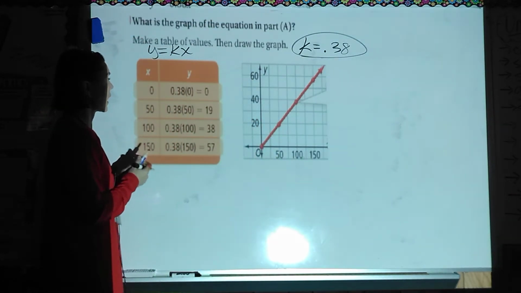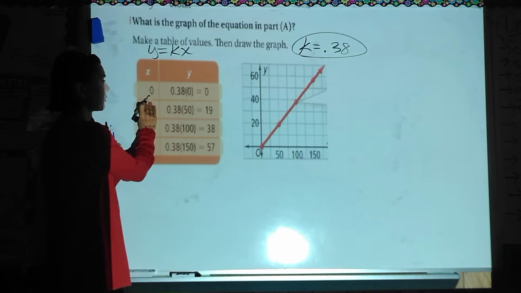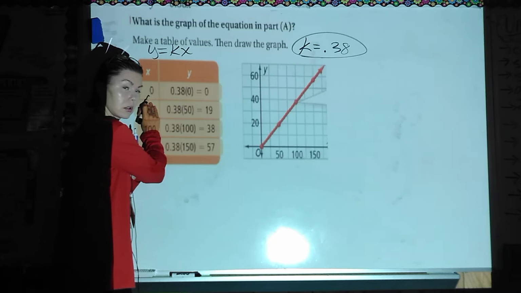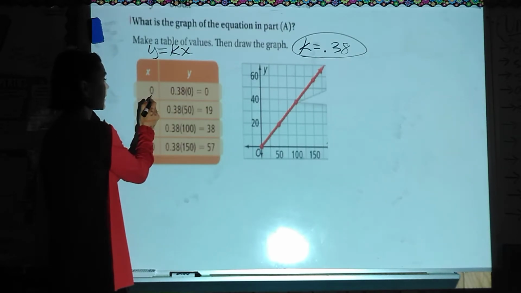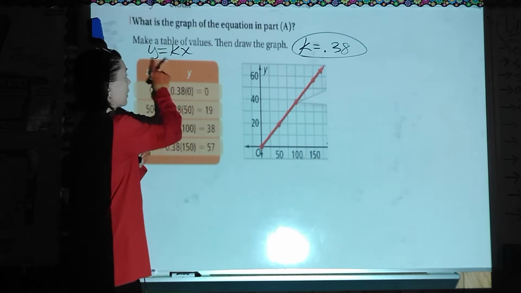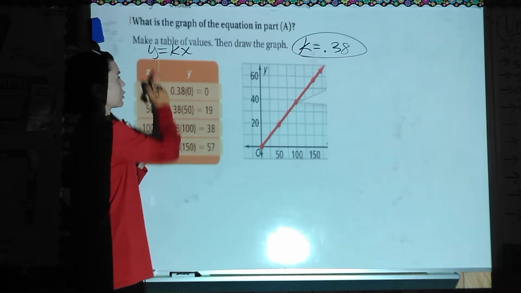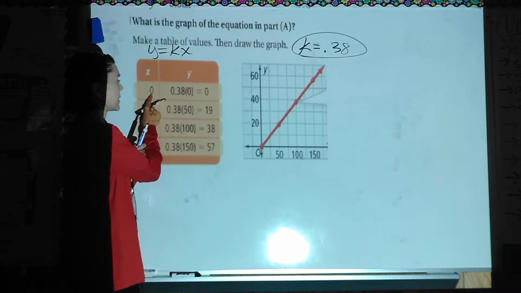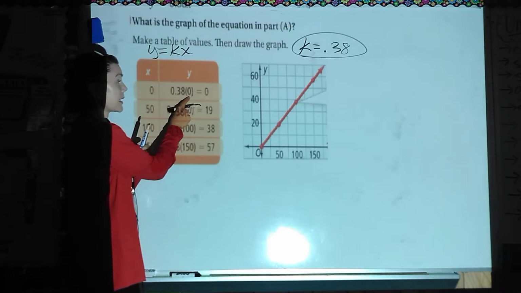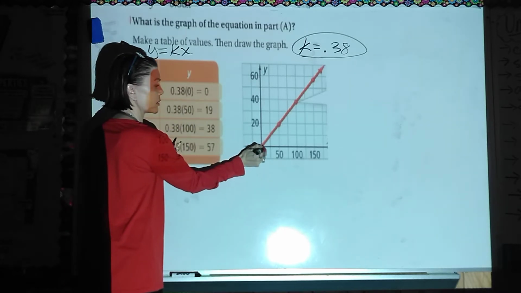Every time you multiply the x value by 0.38, it gives you your y. So when x is 0, 0.38 times 0 is 0, so your y is 0. That's how we got this 0, 0.